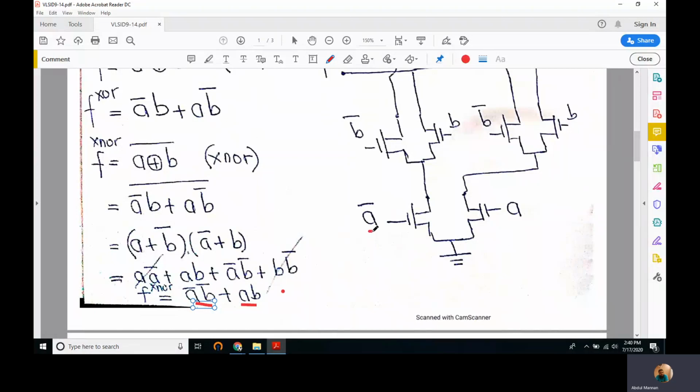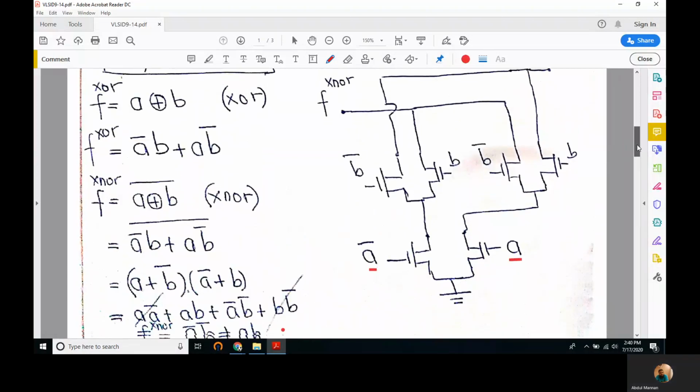We'll start with A here. Here we have B bar and B transistors. So A bar ANDed with B bar.